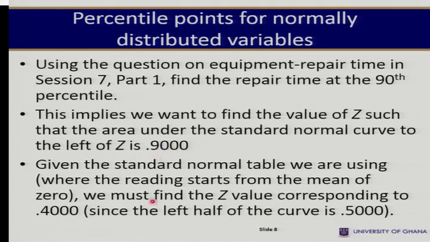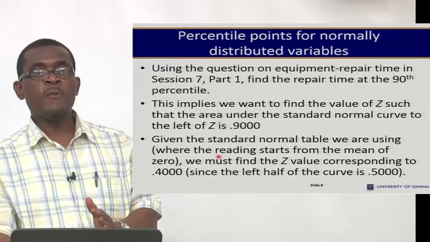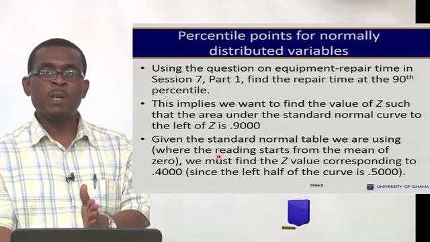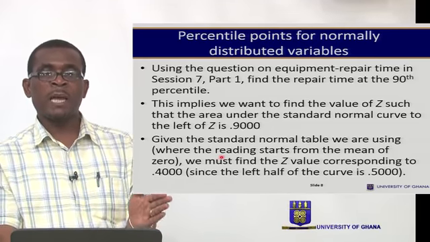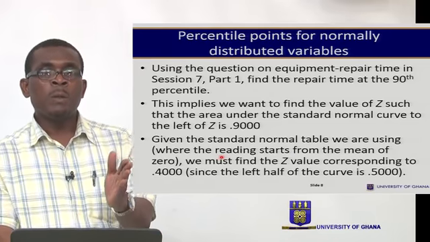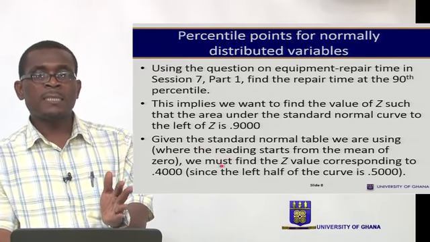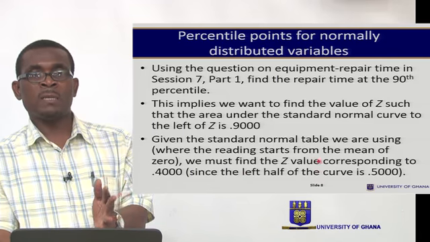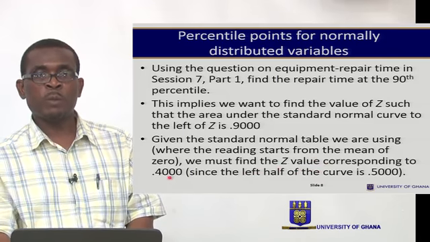Now, recall that we are dealing with the half table, right? So if we are dealing with a half table and we want the area to the left to be 0.9, it means that the area to the left of the mean of 0 will be 0.5, and therefore between the mean of 0 and where our z must be, the area should be 0.4.